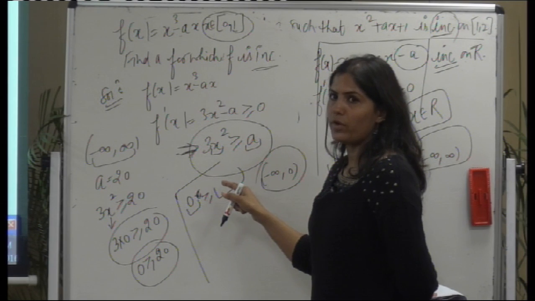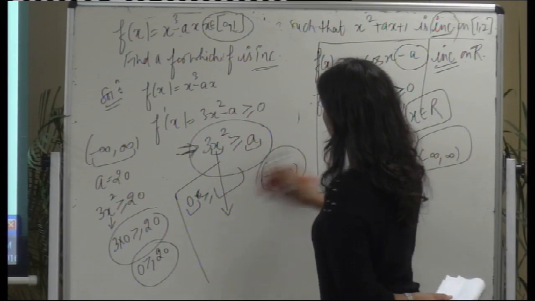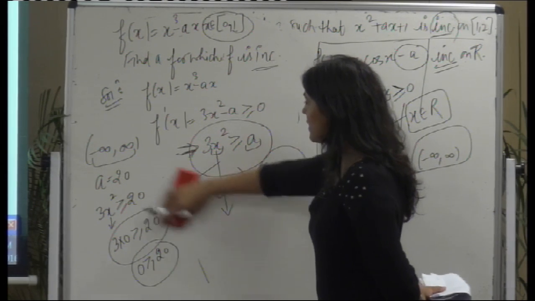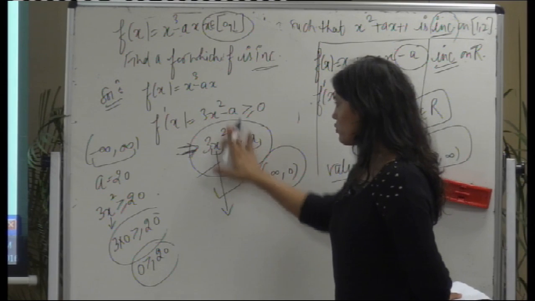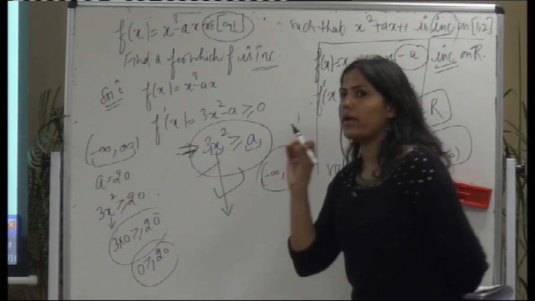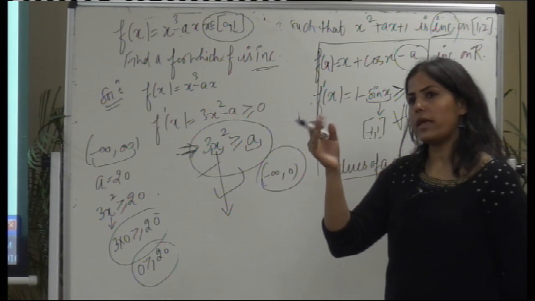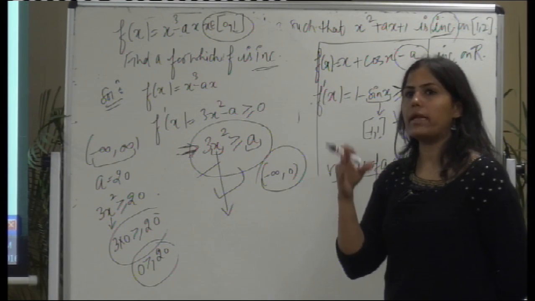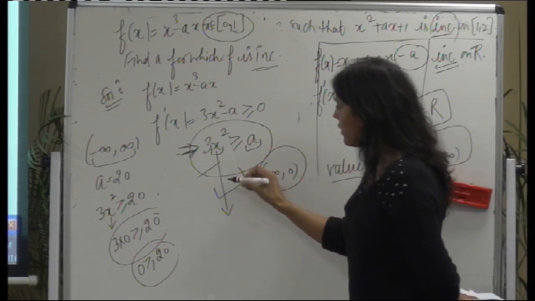Okay. So what you did, basically, she now actually got to know that because of 3x square, a should be less than or equal to 3x square. The least value of 3x square is 0, because any number you put in, any negative or positive, it will be positive, but at 0 it will be 0.